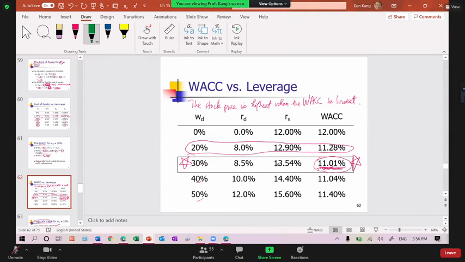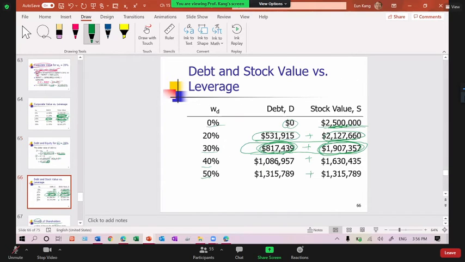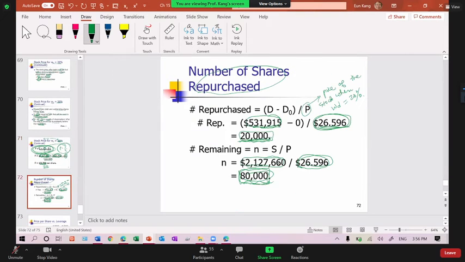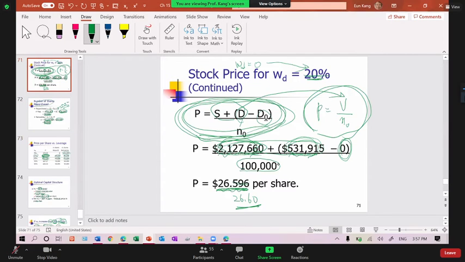No, not here. Price of stock. Here you go. Price of stock when you have that 20% level. And that is actually from here, slide 71. So price when WD is 20%, price is 26.596. Right.